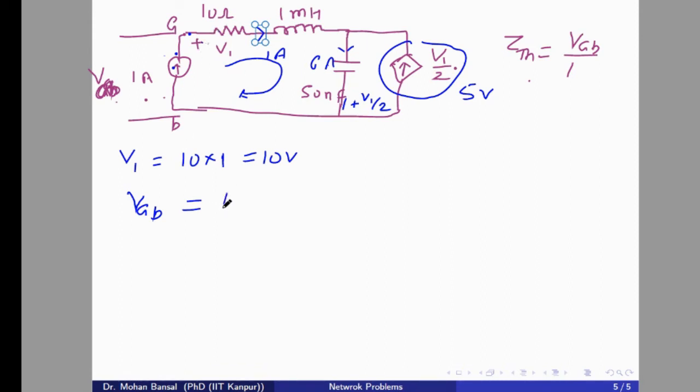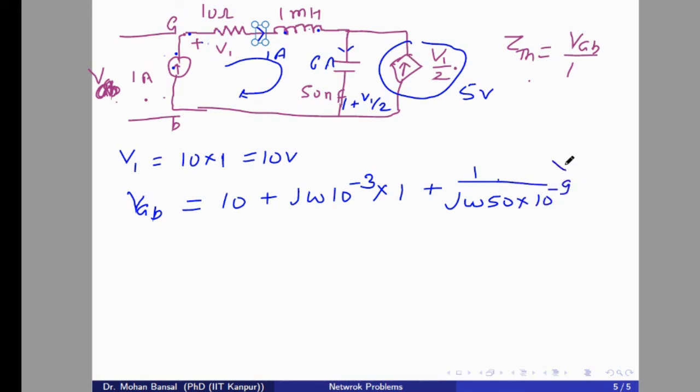So we can write it as 10 plus j omega L into I, where j omega L is 1 millihenry, that is 10 to the power minus 3, and I is the 1 ampere in this branch. So we can write 1 plus 1 divided by j omega C. C is the 50 nanofarad, that means 50 into 10 to the power minus 9, and current in this branch is 1 plus 5, that is 6.